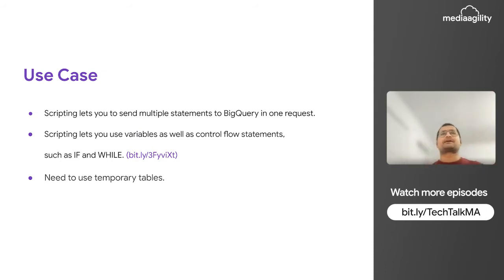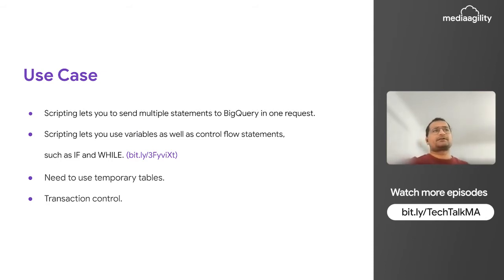So if you're migrating from Teradata and you want to use that feature, then BigQuery provides it. And this way, you don't have the limitations of data sets and all. Now, transaction control, as I already talked about, I'll show you with an example: you can roll back, you can commit, you can do any operations you want to perform.